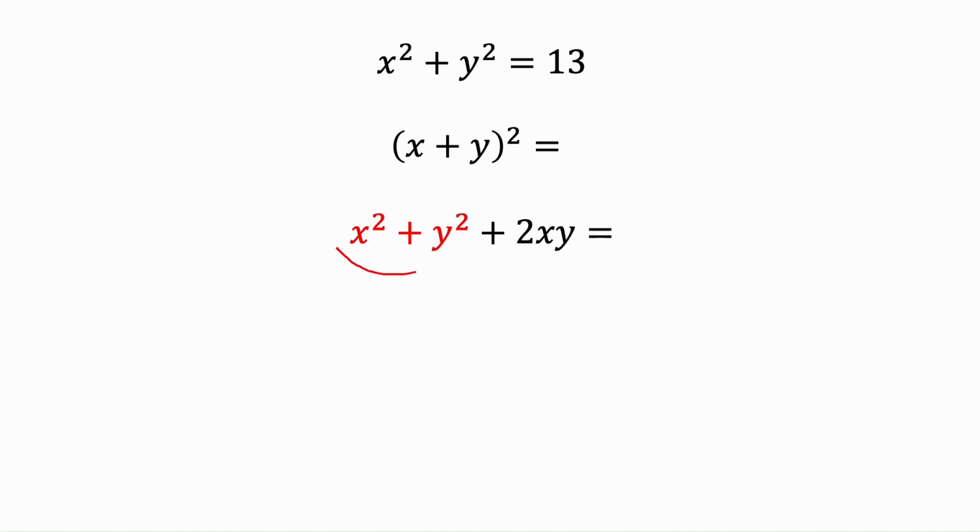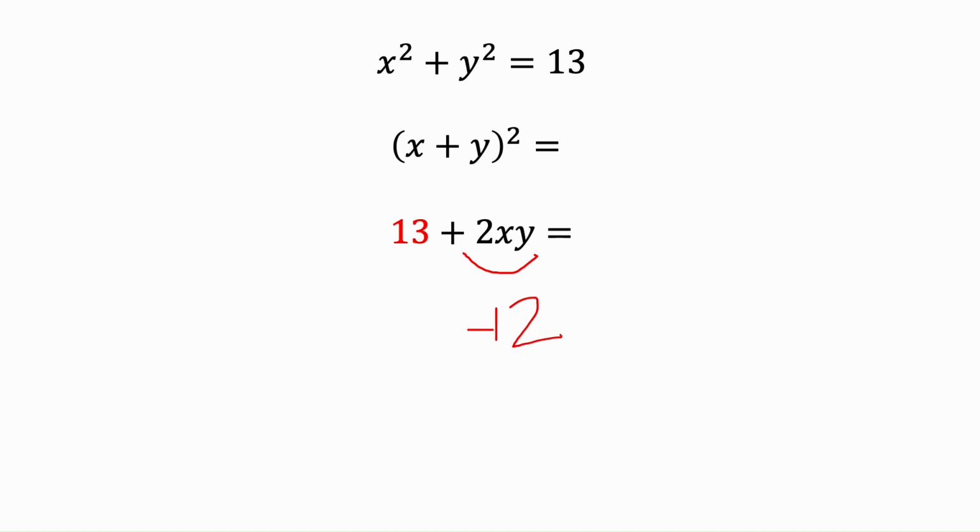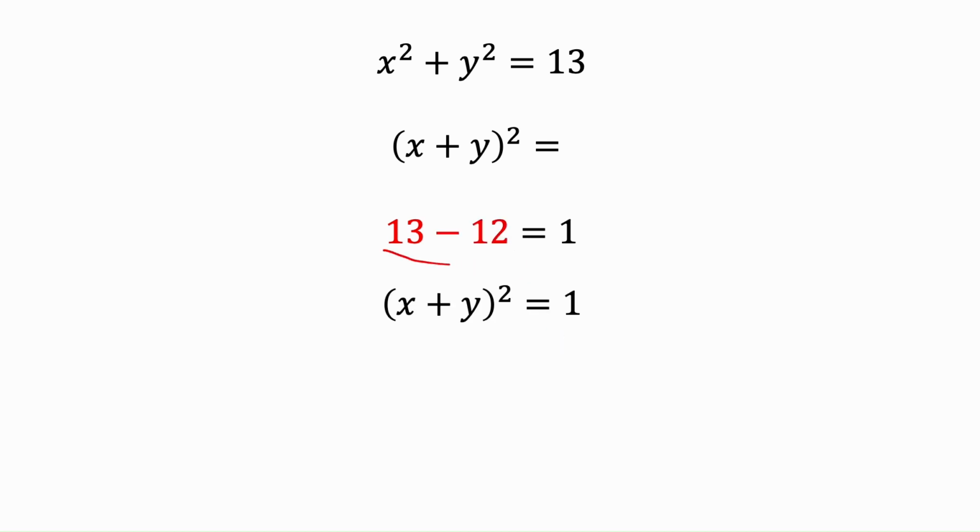X squared plus y squared is 13, and 2xy we just found is going to be minus 12. So 13 minus 12 equals 1, and (x plus y) squared equals 1.